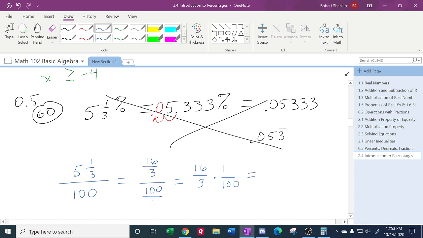And then I would reduce a little bit. 4 goes into this 4 times. 4 goes into this 25 times. So in its reduced form would be 4 times 1, which is 4 over 75. That would be it. Okay, that's what I got.